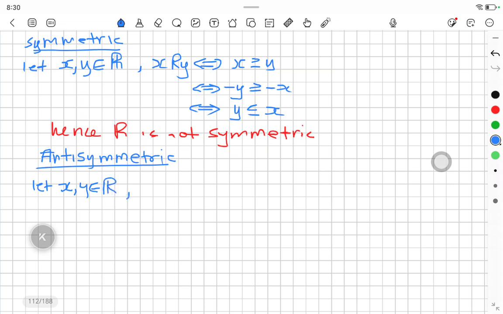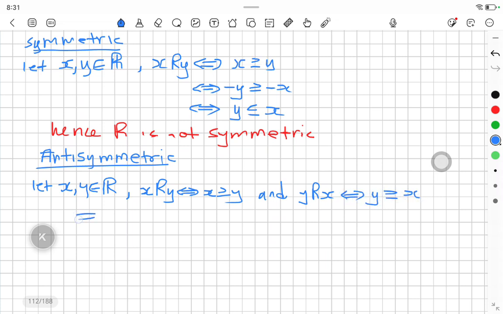Then we say that if here we have x related to y, this means that x is greater or equal to y, and we have that y is related to x. Here we must just assume, even though it was not symmetric, that this is related. It's true. We must just assume that this is true, even though in the symmetric case it was not.